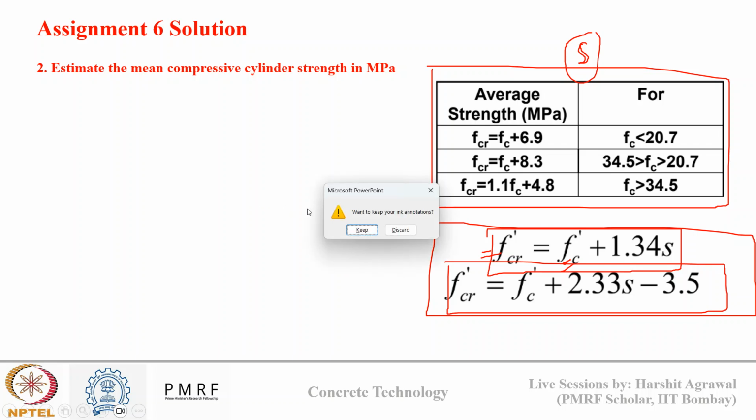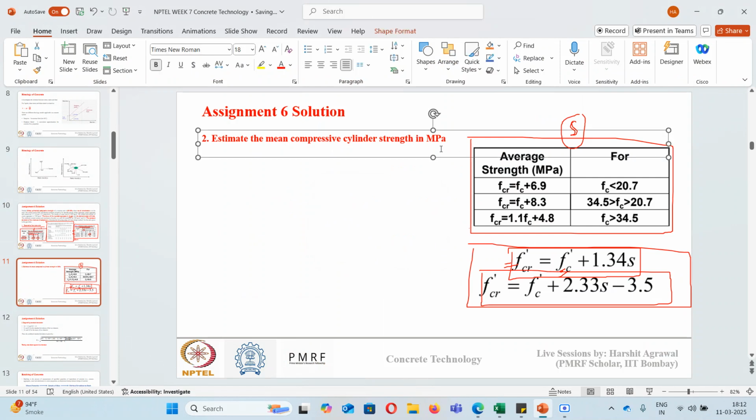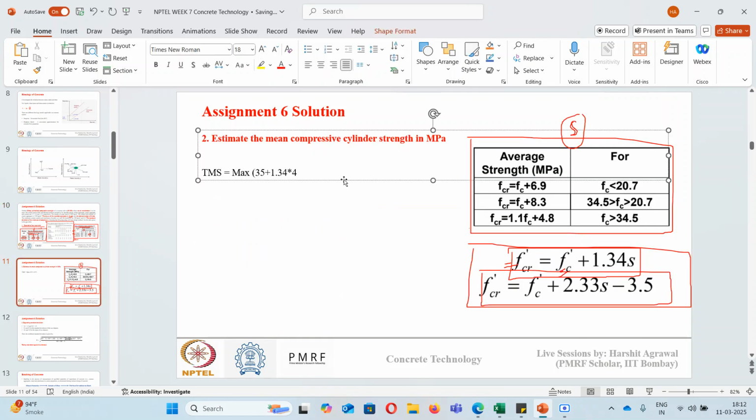So if we try to solve that question here, what will be the answer? My target mean strength I am representing by TMS, so it will be the maximum of 35 plus 3.14 times standard deviation 4, which is given in the question, or 35 plus 2.33 times 4 minus 3.5.